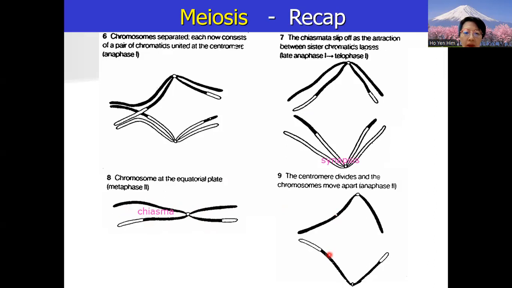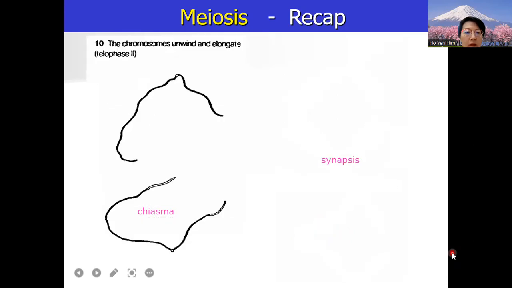This drawing is not correct. Okay. It must be... is it correct? It's correct. Okay. Both sister chromatids are genetically variable because this particular sister chromatid has crossed over with the non-sister chromatid of homologous chromosome and exchanged the arm. So this arm here and this arm here is genetically different. So these sister chromatids are genetically variable also.